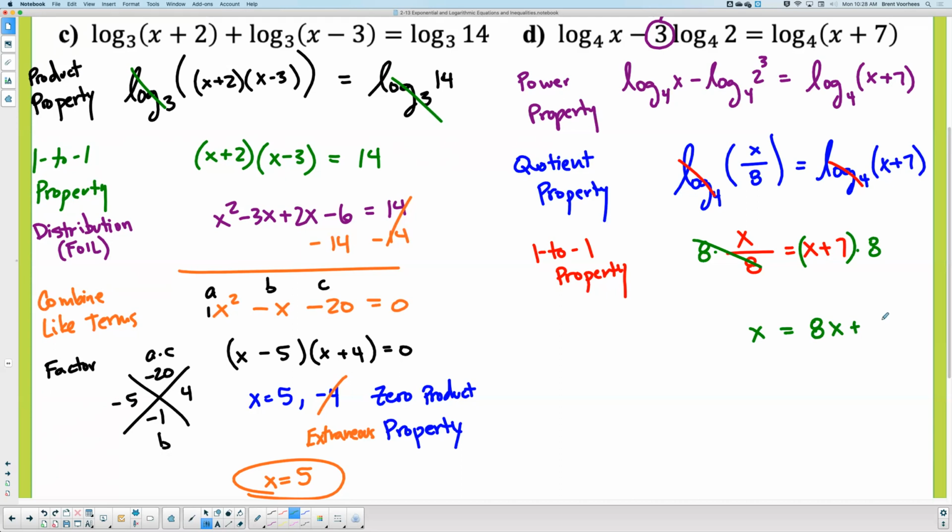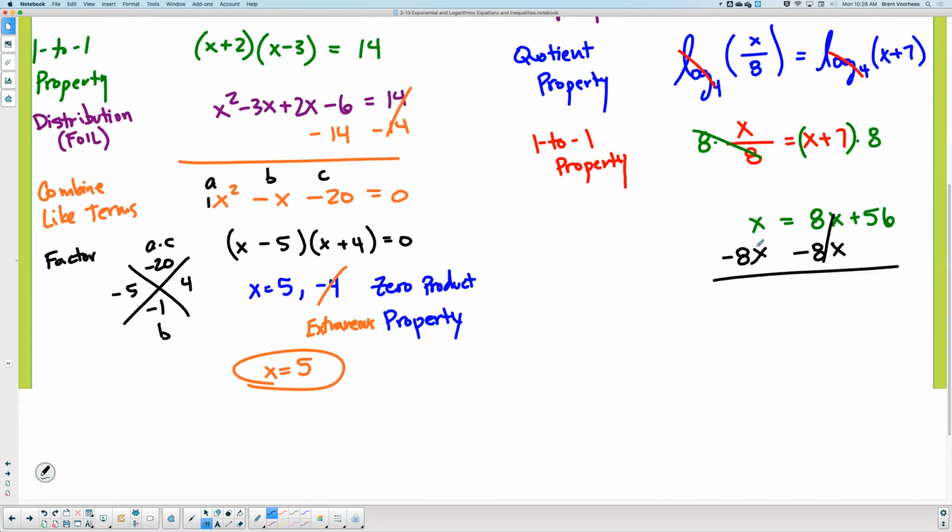And 8 times 7? Okay, to solve this, all we need to do is combine our like terms. So just to cut down a step, I'm going to subtract 8x. So what's x minus 8x?